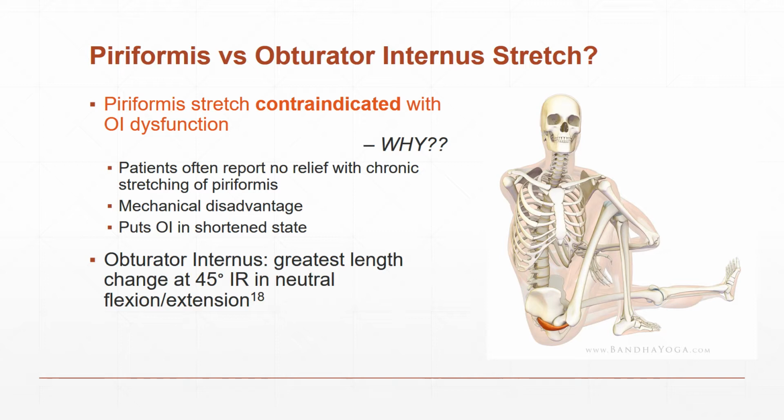And there was also a study that revealed that the obturator internus, the greatest length change, was at 45 degrees of internal rotation and neutral flexion and extension. So this just says that the best position to stretch the obturator internus would be with the hip in a neutral extension position and internal rotation of 45 degrees.